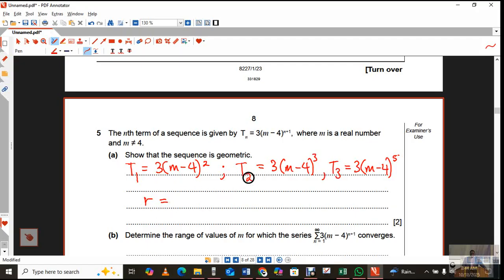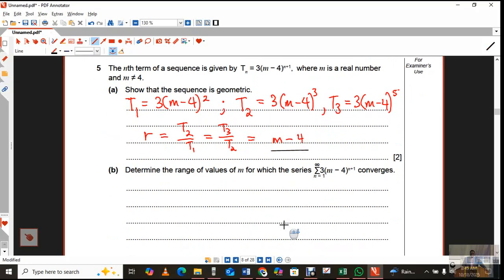If you were to divide term 2 by term 1, and you take term 3 divided by term 2, you would get a common ratio of m minus 4. That is enough for me to justify that you have a geometric sequence.